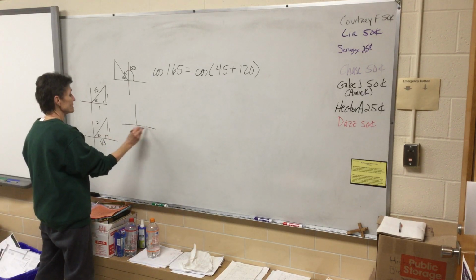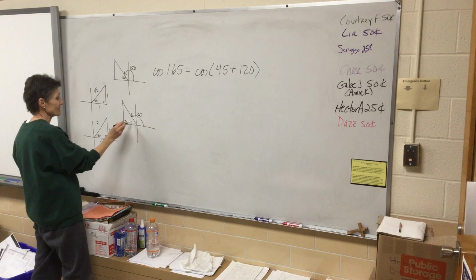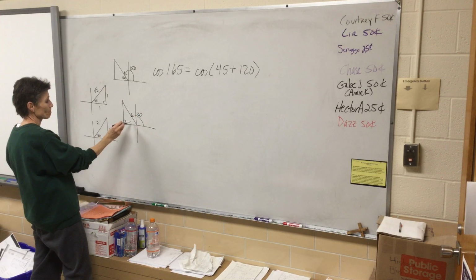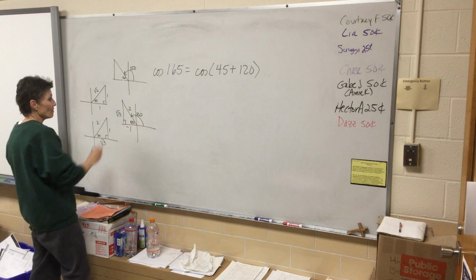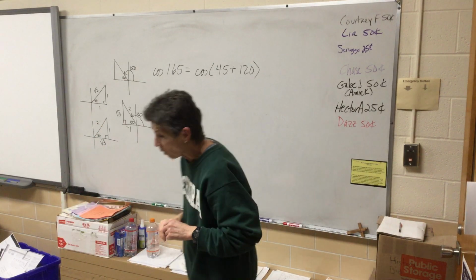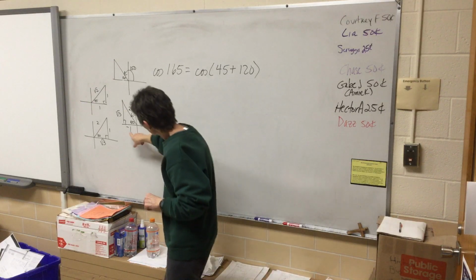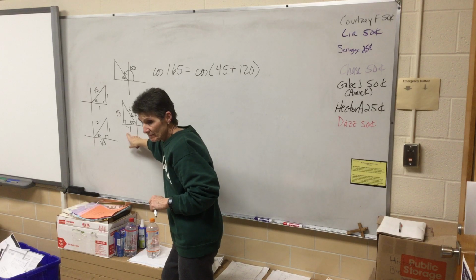What's the reference angle for 120? 60. Absolutely. And if it's 60, then I can use it. But like before, what do I have to remember if I'm going to use 120? I'm going to have a negative over here, right?